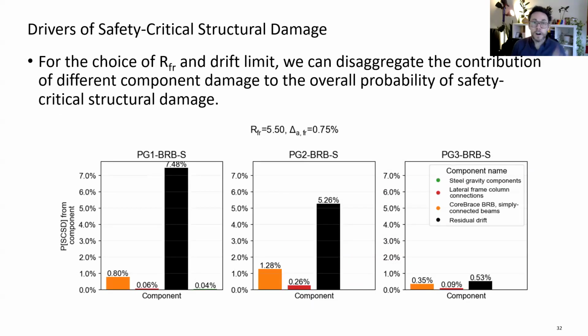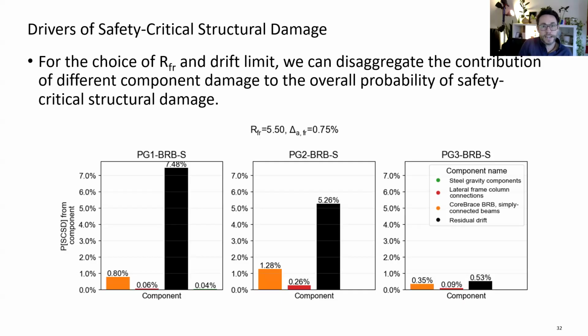Now, for any given RFR and drift limit combination, we can actually disaggregate the contribution of different component damage to the overall probability of safety critical structural damage. So going back to that fault tree that I've showed a few times already, we're essentially trying to understand what is driving that overall safety critical structural damage probability.